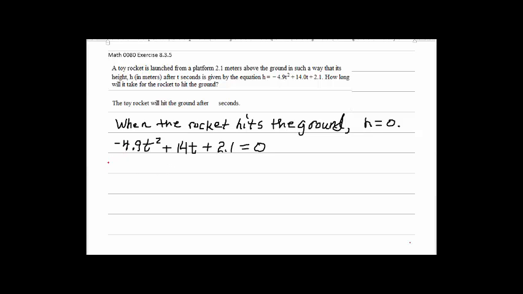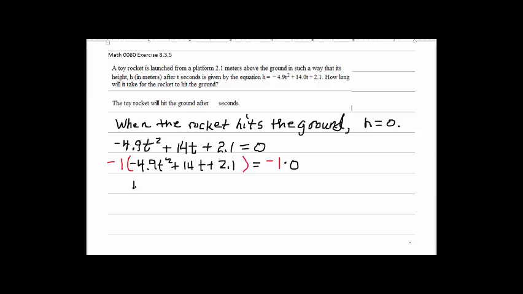Now, one of the things I'm going to do here, because I always like to have a positive leading coefficient, that's not absolutely necessary, but that is my preference. So I'm going to multiply the equation by negative 1. And I would also be doing that on both the left and the right side of the equation.